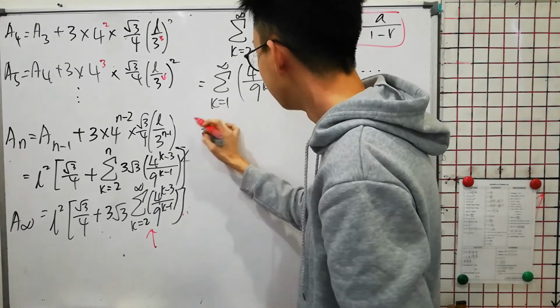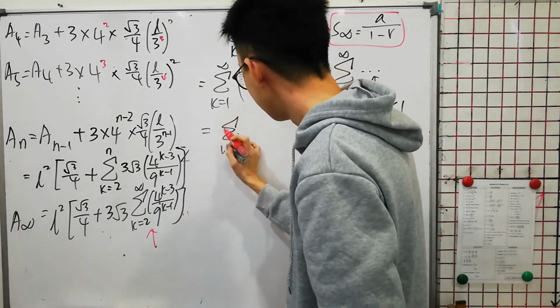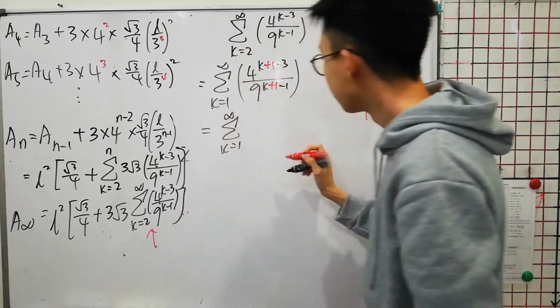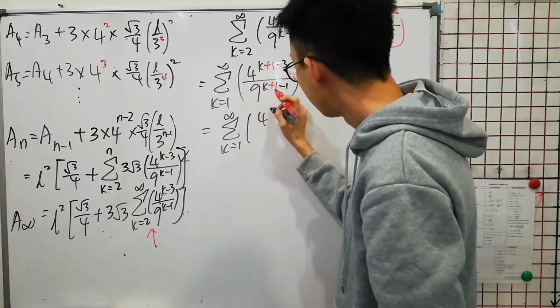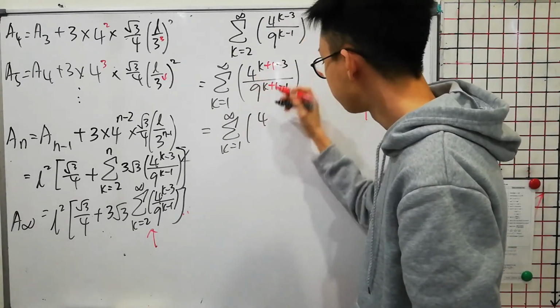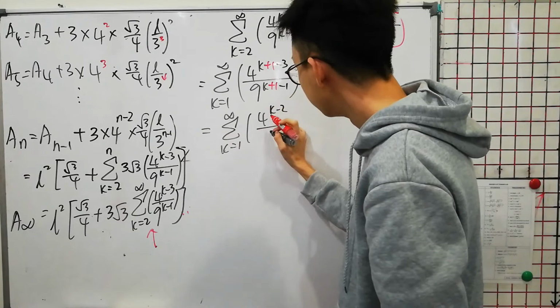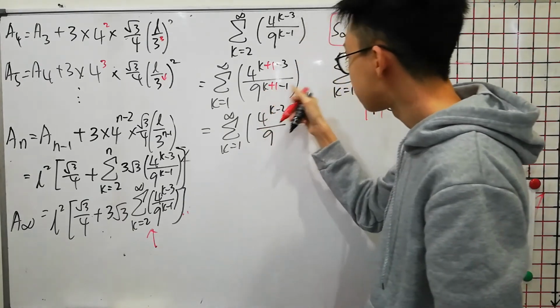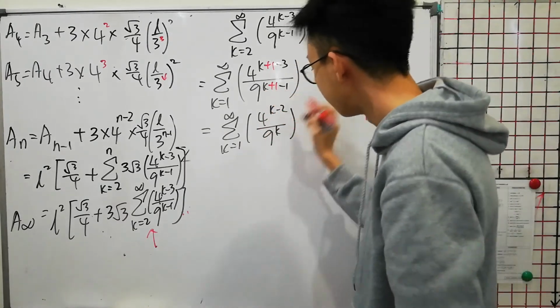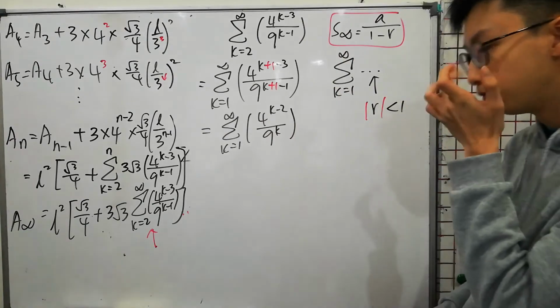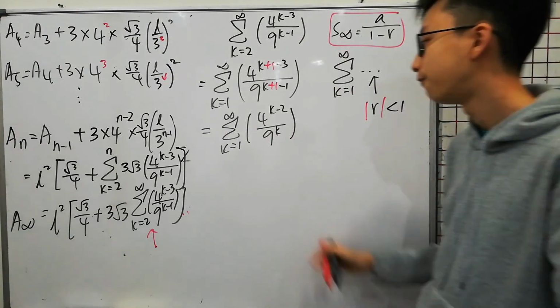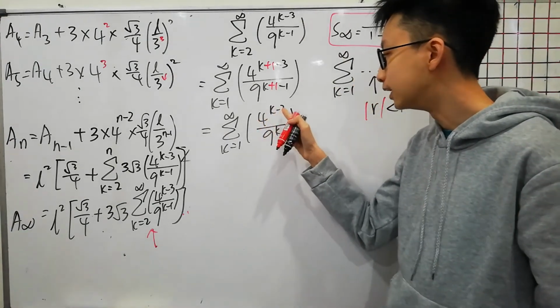Then it should be the sum from k equals 1 to infinity of 4k plus 1 minus 3, which is 4k minus 2, divided by 9 to the k plus 1 minus 1, which cancel out each other, 9 to the k.